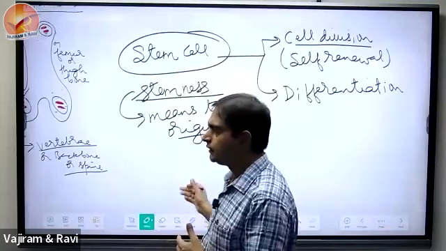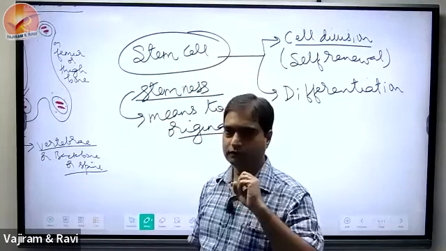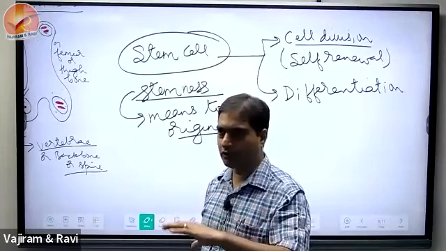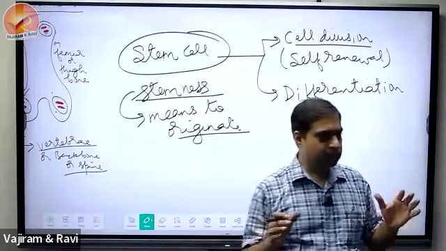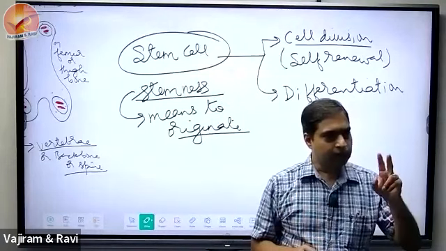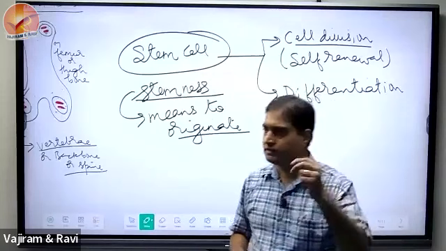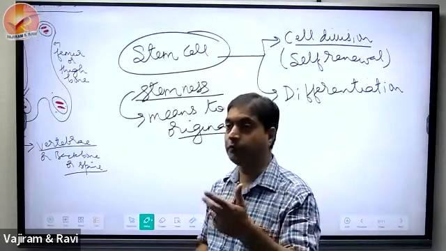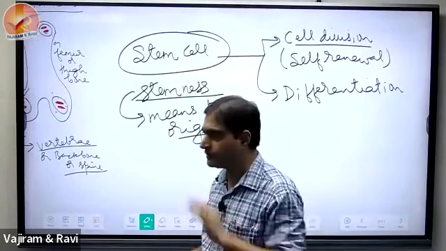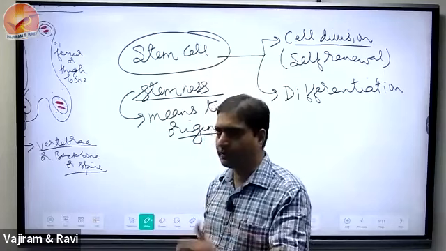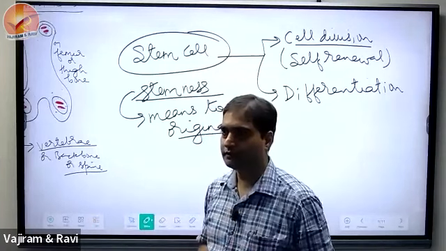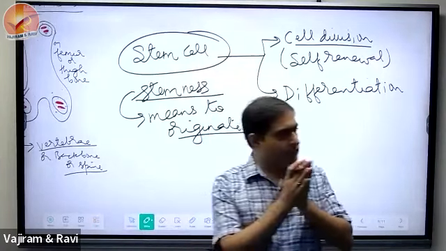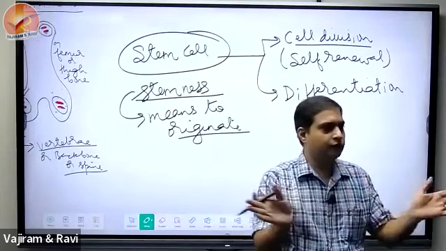Because as you know, red blood cell, white blood cell, all are produced from where? The blood stem cell only. But the red blood cell's role is to transport oxygen. The function of white blood cell is to fight against bacteria and virus, isn't it? And blood platelets help in blood clotting. So they are derived from the stem cell only, but they have different functions.